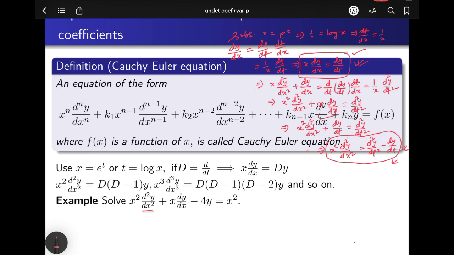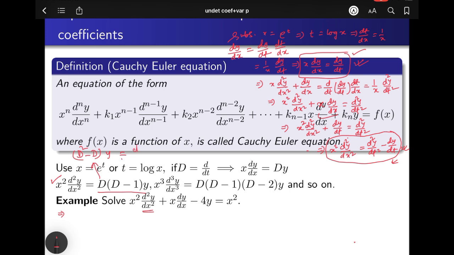Alright, here you can observe that the independent variable on the right hand side is t. Okay, so immediately we can do this substitution. See, this one, x square d2y dx2, can be replaced by this. See, this is nothing but D square minus D, and you know that D stands for d dt.